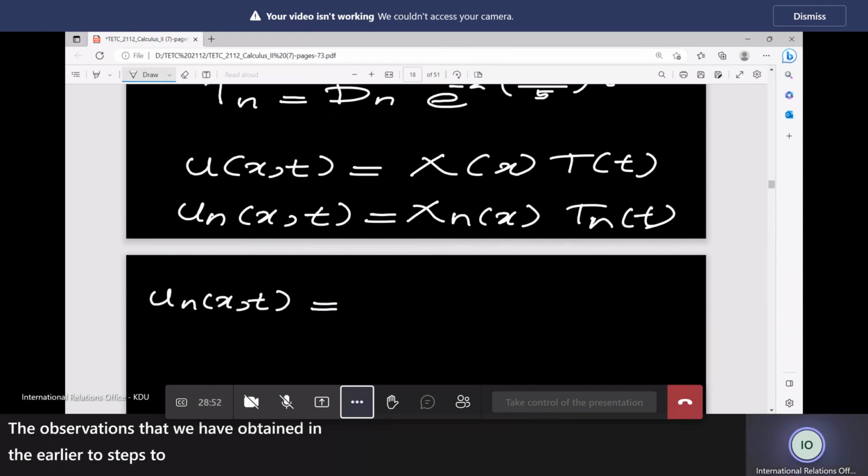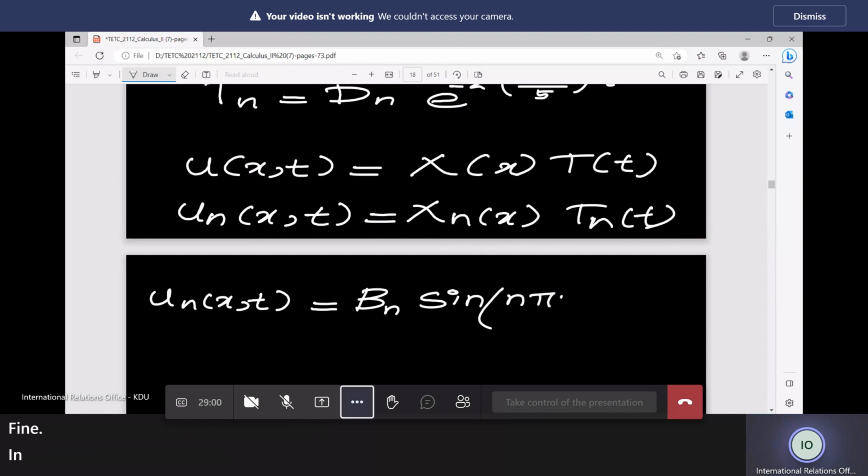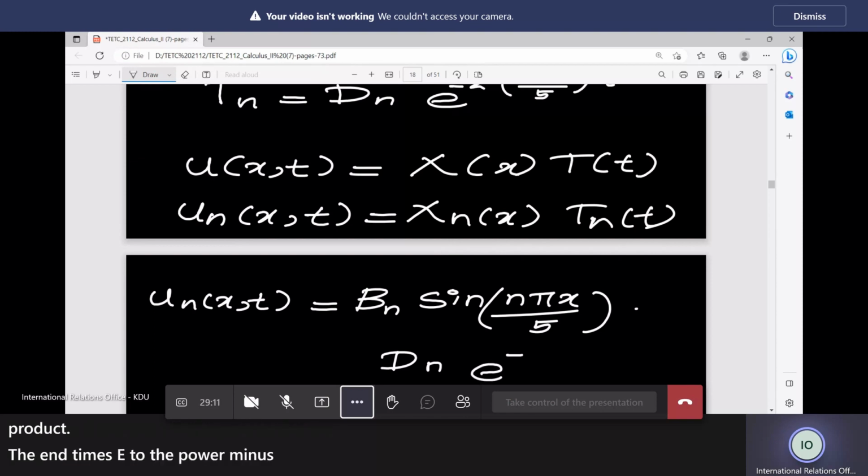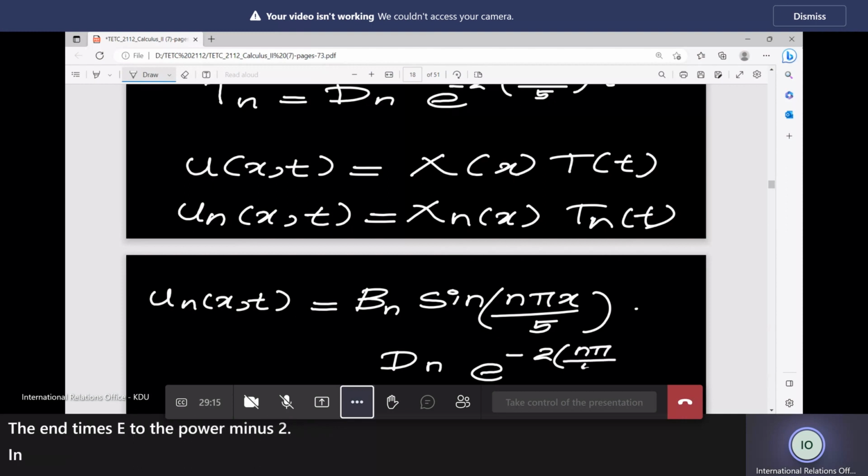Xn we have proved is bn sin n phi x over 5, and Tn is dn times e to the power minus 2 (n phi over 5) squared t.